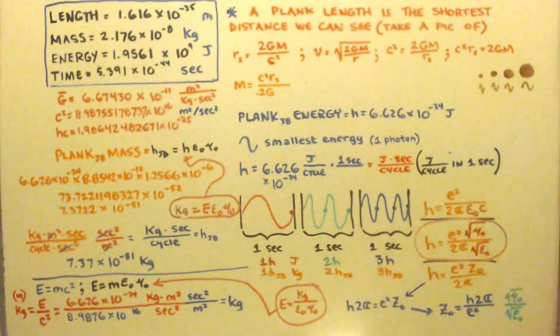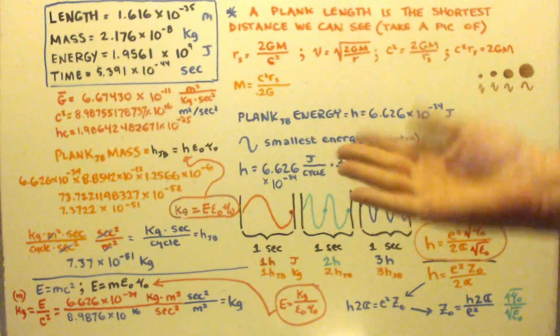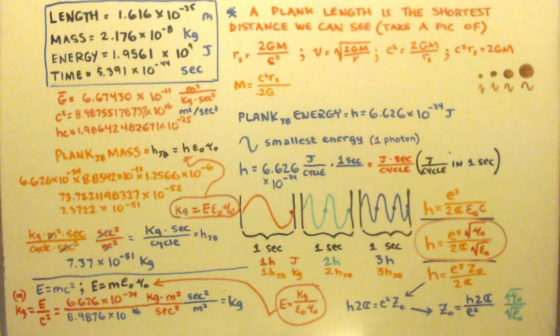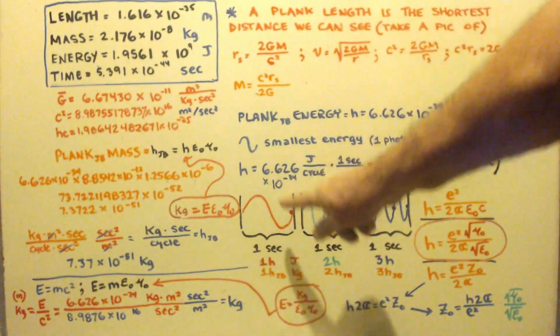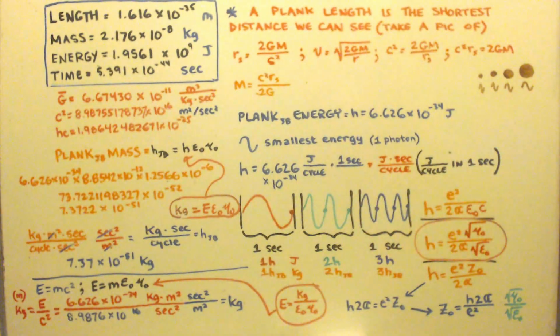This mass and this energy are the same. They're not equal, but they're equivalent, right? And they're the smallest. I mean, it's a sine wave, man. You can't get smaller than that, right?